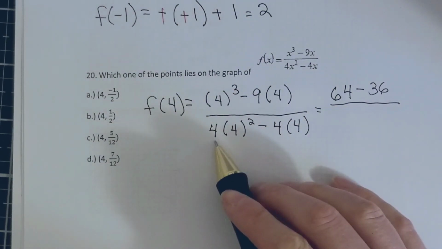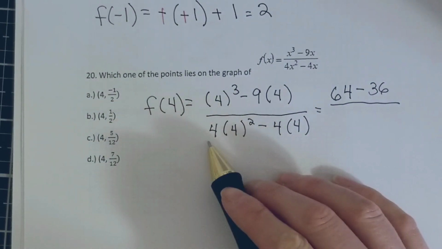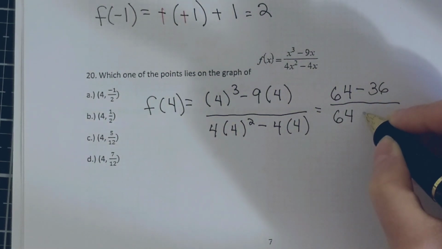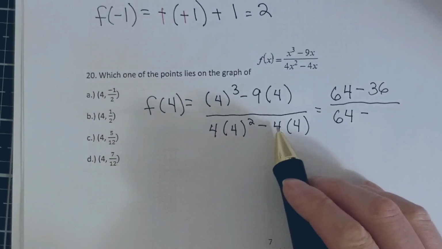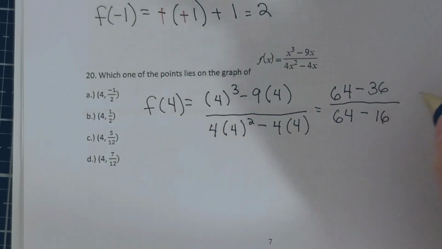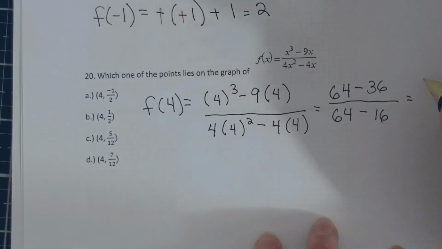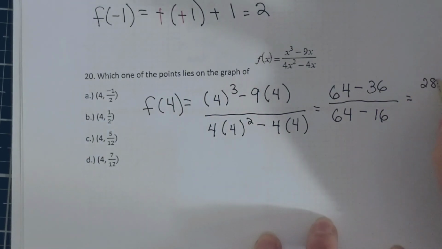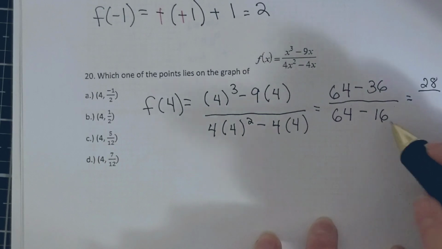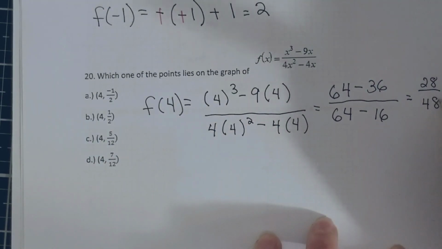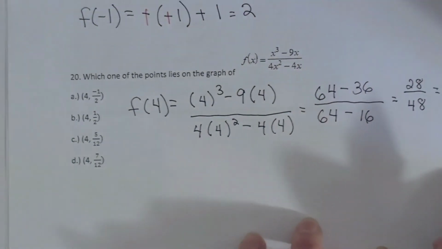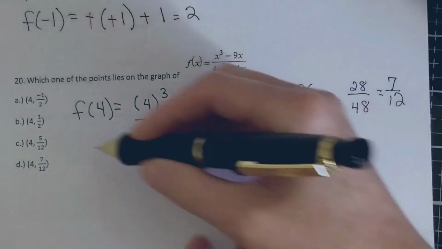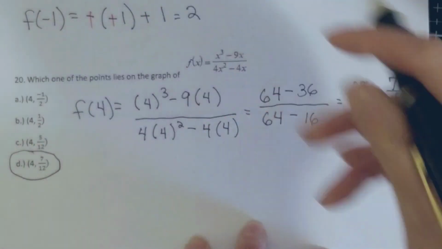Again, 4 squared times 4, that's the same thing as 4 to the third power. That's 64 again. Minus 4 times 4 is 16. So I get this. 64 minus 36 is 28. 64 minus 16 would be 48. And if you reduce this fraction, you will get 7/12. So your answer would be D.